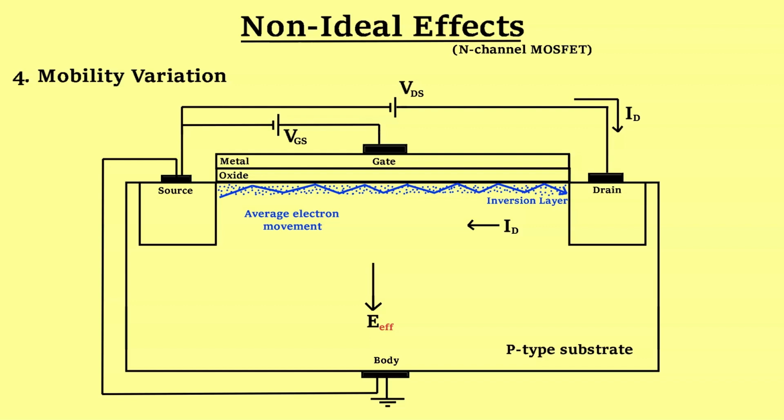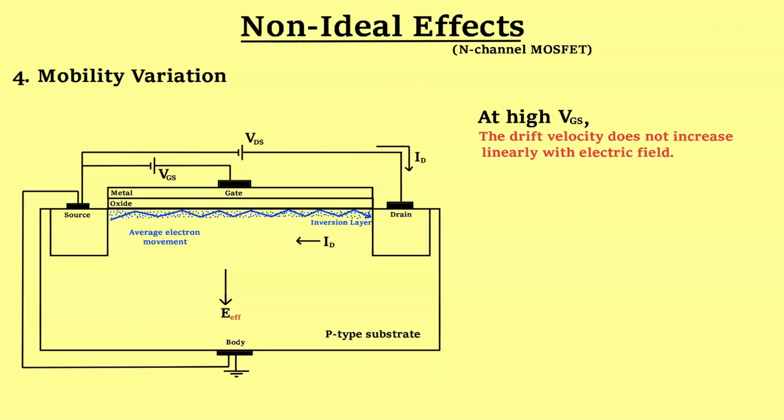Free electrons are more strongly attracted to the surface, resulting in a decrease in mobility, which further results in drift velocity saturation. The drift velocity does not increase linearly with the electric field because of mobility variation within the MOSFET. This whole phenomenon is referred to as surface scattering.